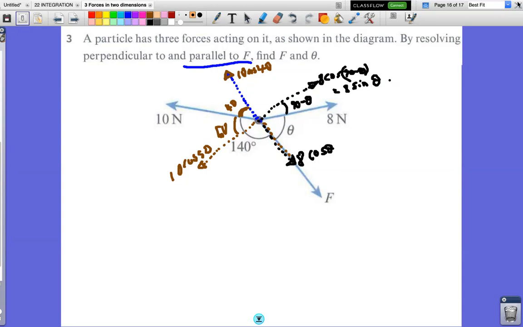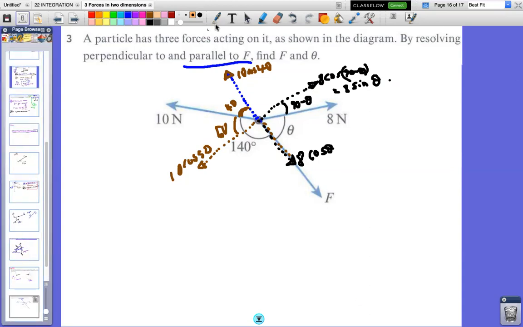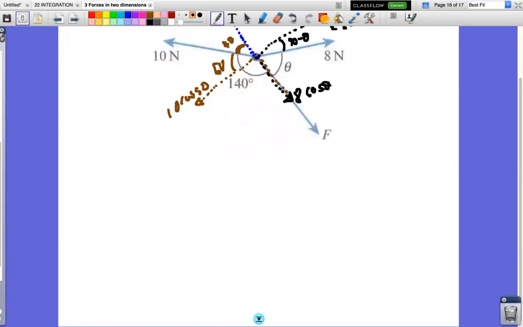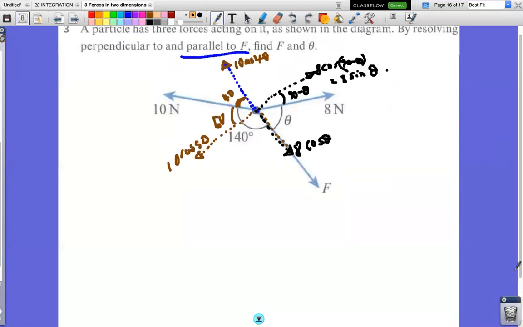You can now see, since this system is in equilibrium, it means in any direction, on any line, the sum of forces will be 0.